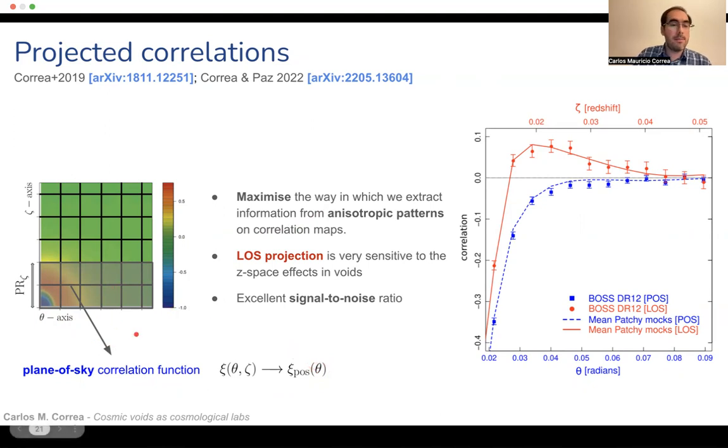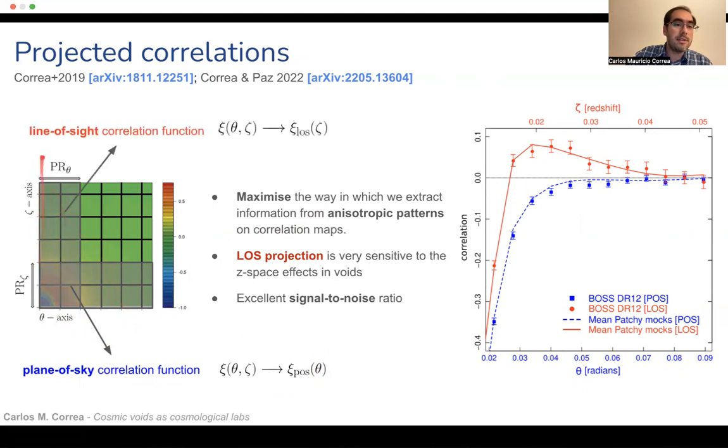And then we do the same perpendicularly. We project towards the line of sight axis in a given angular range, getting in this way the line of sight correlation function that again is simply a 1-dimensional profile that depends now on the redshift coordinate.